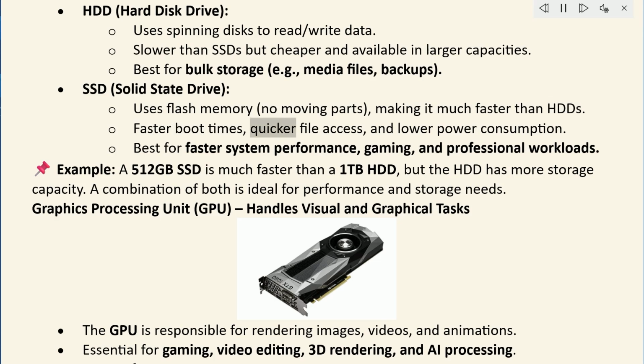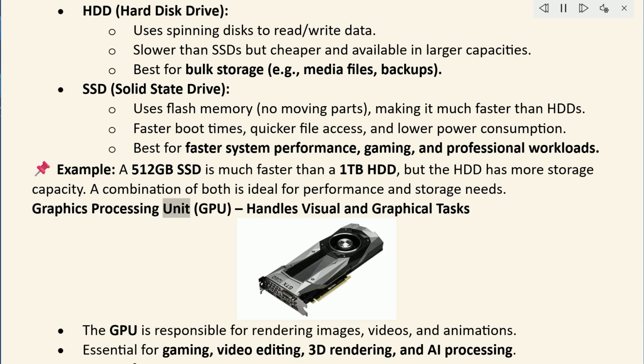Faster boot times, quicker file access, and lower power consumption. Best for faster system performance, gaming, and professional workloads. Example: a 512 GB SSD is much faster than a 1 TB HDD, but the HDD has more storage capacity. A combination of both is ideal for performance and storage needs.